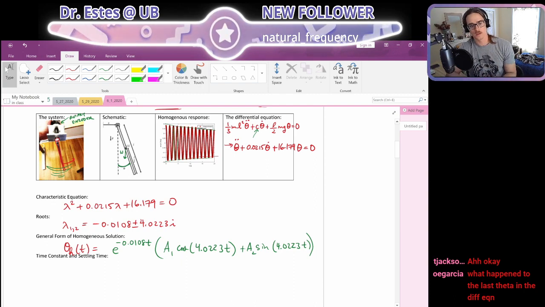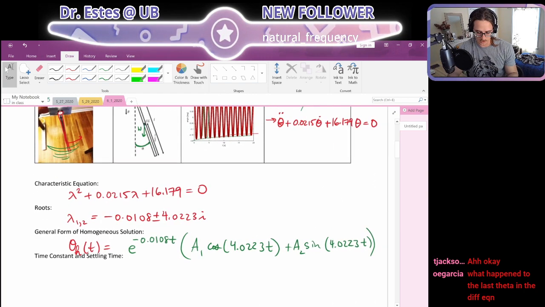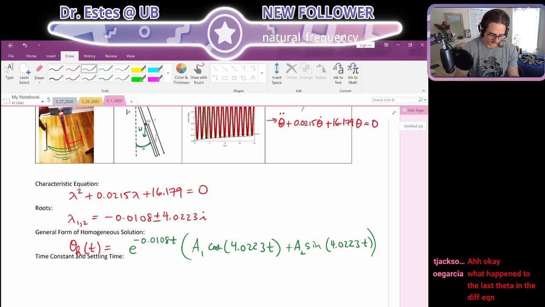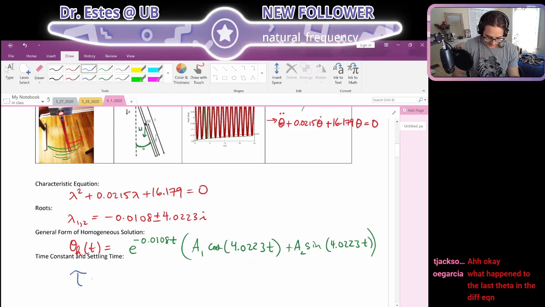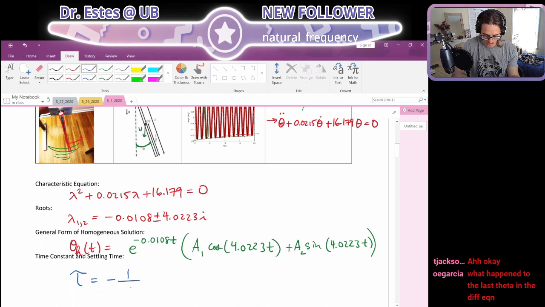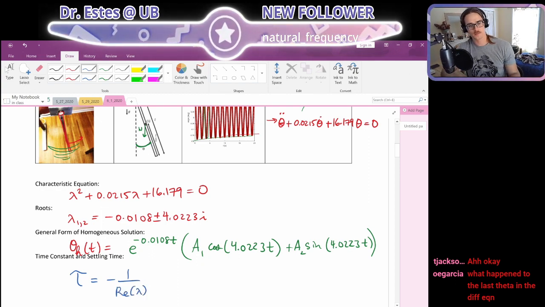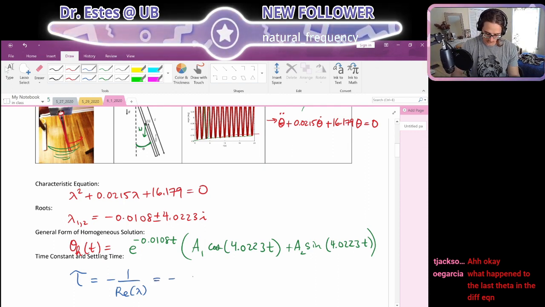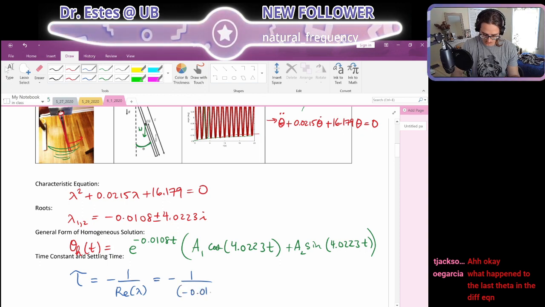Fortunately, we solve for this just the same way we would for a first order system. So tau is minus 1 over the real part of the root. So we have minus 1 over minus 0.0108.